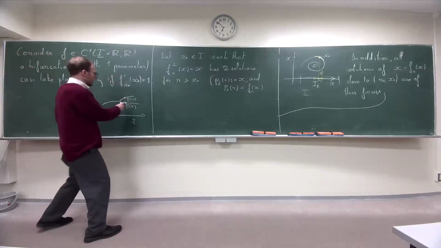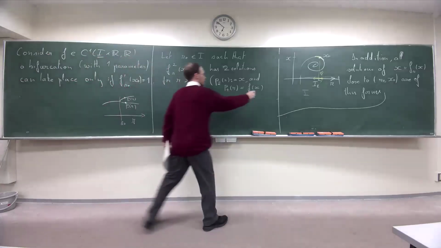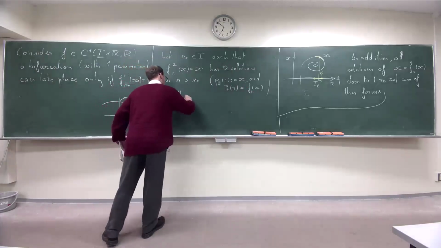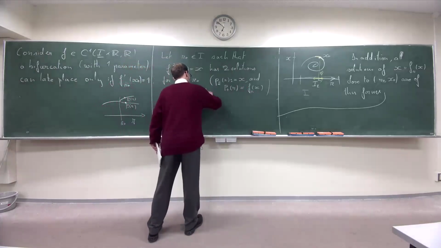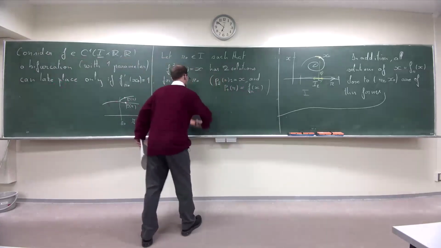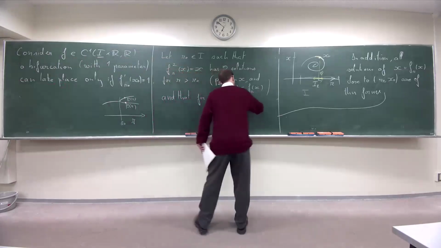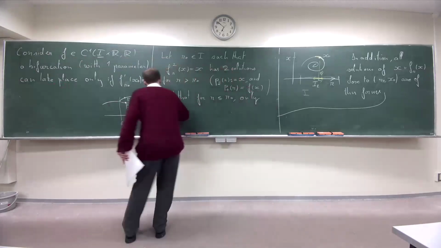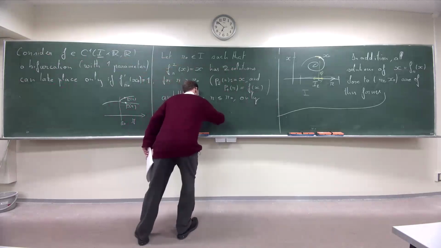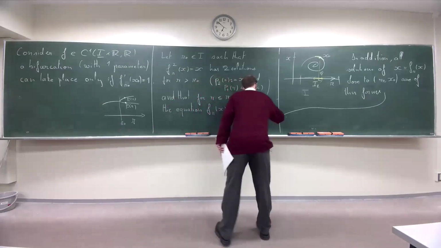So I assume that we have this on the right of R0, but also that for R smaller or equal to R0, only the equation f_R of x equal to x has a solution.